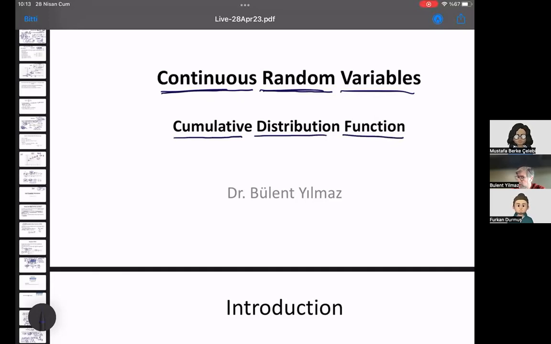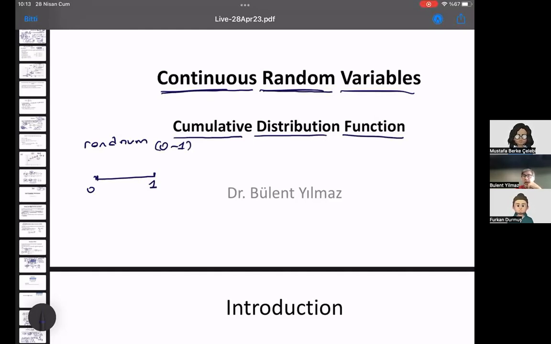Okay. For example, arkadaşlar, if I wanna generate a random number between 0 and 1, okay, is it a continuous random variable? I'm gonna randomly generate, okay, random number generator between 0 and 1. Is it a continuous random variable or a discrete random variable?